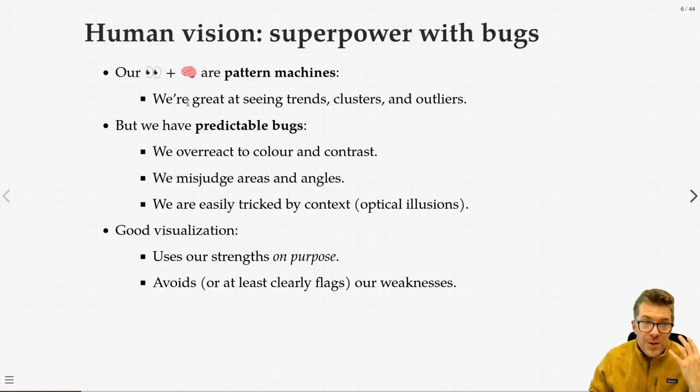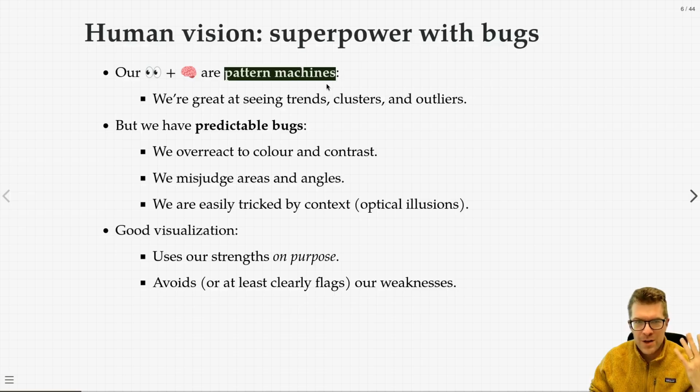So our visual system and our cognitive system are basically pattern machines. Our brains are computers too, just computers of a different type than we're used to in front of us. So they're very good at seeing trends and clusters and outliers and groups. But because of the way our brains work, there are some predictable bugs. We overreact to color and contrast. I'm talking visually here.